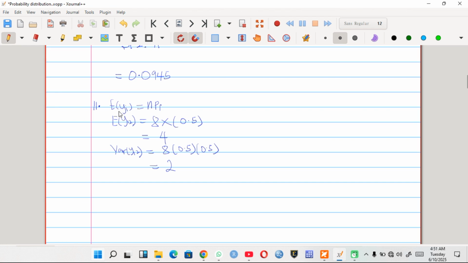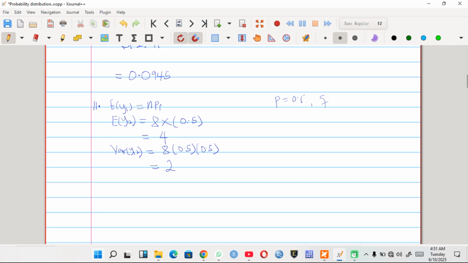So here we are finding the expectation for station 12, right? So for station 12, we have p1 to be 0.5, and our n was given as 8. So 8 times 0.5 is 4, and then we find our variance, right? So once we have our p to be 0.5, if we want to find our q, right, our p is given as 0.5.